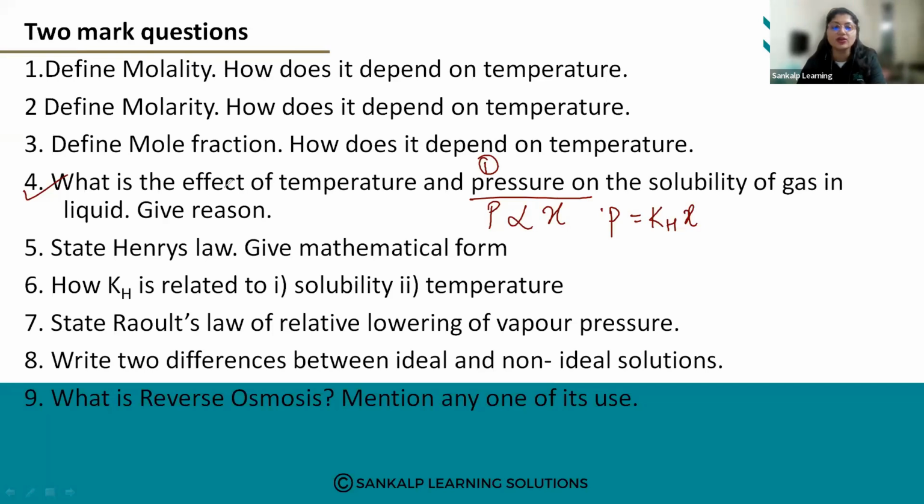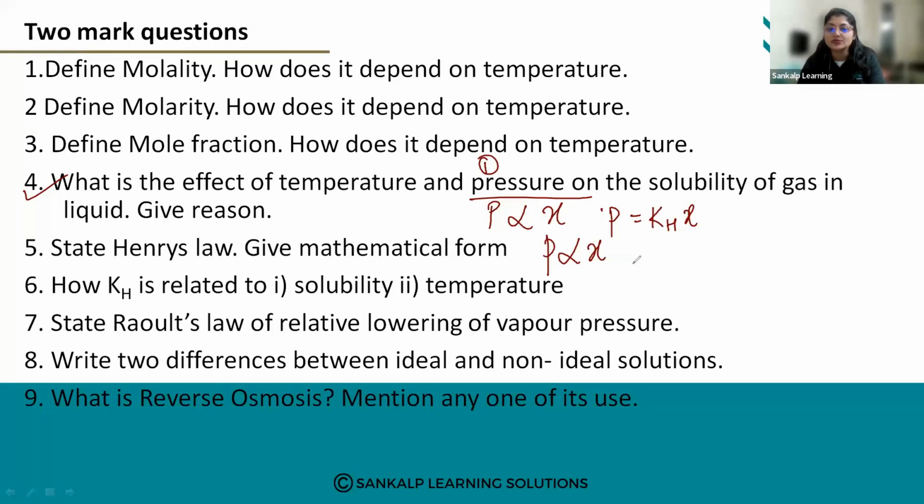As you keep the temperature constant, the amount of gas dissolved in the liquid is directly proportional to its partial pressure. This is 1 mark. For the mathematical expression, you will get another mark. Partial pressure is directly proportional to mole fraction chi.